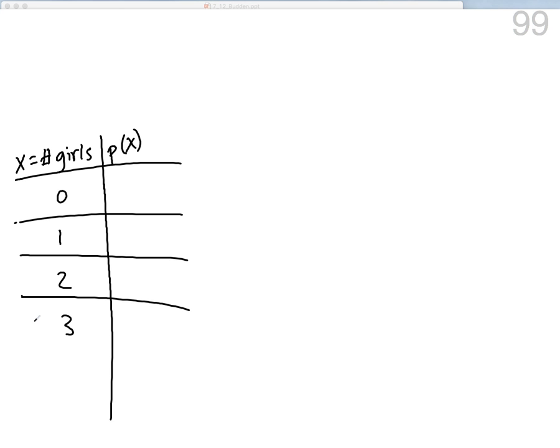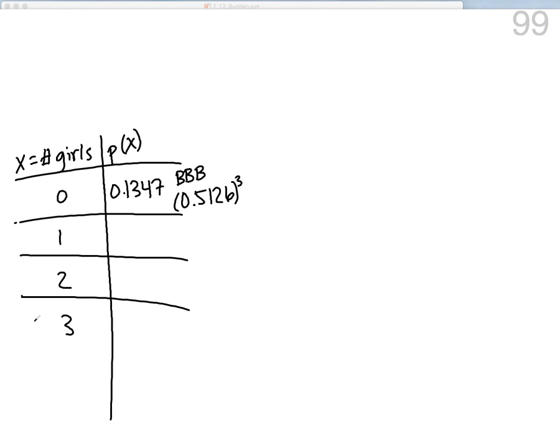Now, to find the probability, you have to think of the different cases. If I have 0 girls, what does that look like in a 3-child family? 3 boys. That's your only option. So that's 0.5126 to the third, which is 0.1347. Okay.